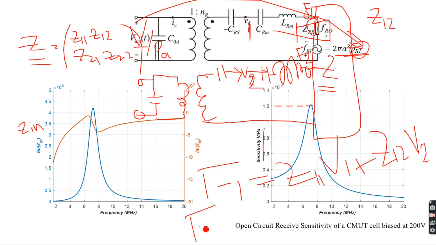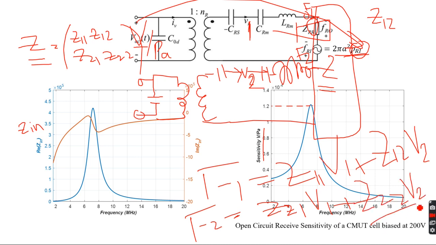Likewise, F2, if you look at this matrix, will be Z21 V1 plus Z22 V2.